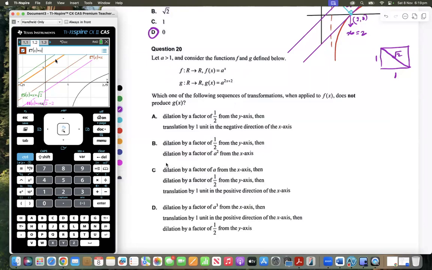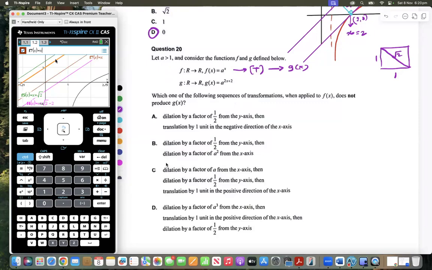The second one is a to the power of 2x plus 2. Which one of the following sequence of transformations applied to f(x) does not produce g(x)? Basically, you need to apply your transformation here. Then your answer should be equal to g of x, right?